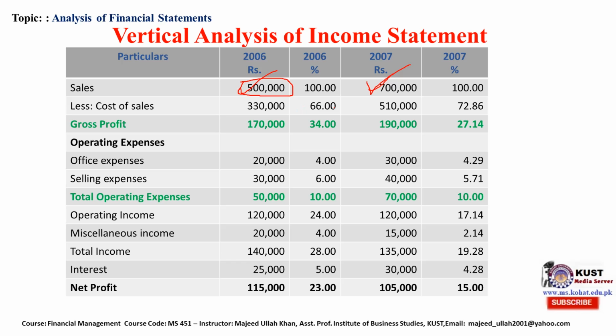So how do we get this 66%? Here it is 330,000 divided by 500,000 multiplied by 100.